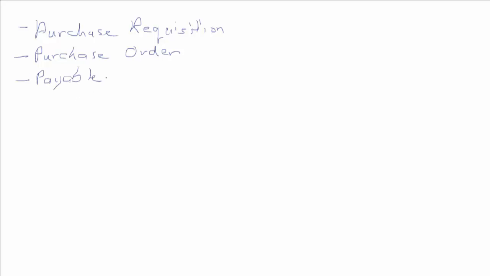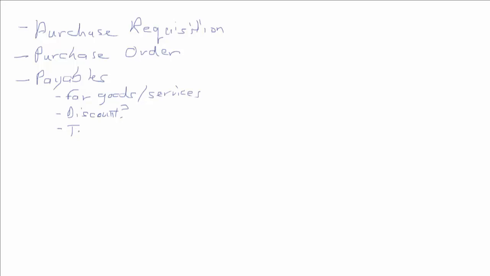And by managing payables, we're basically saying, well, how are we going to determine when and how much to pay? So we're keeping track of all the payables that we've accumulated for goods and services. And we're going to determine, well, do we have a discount that we can take?